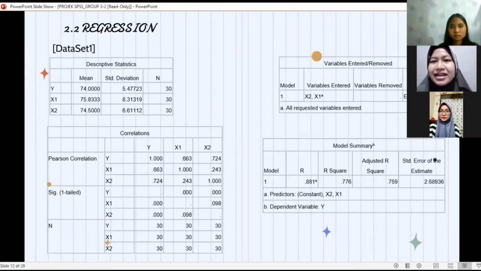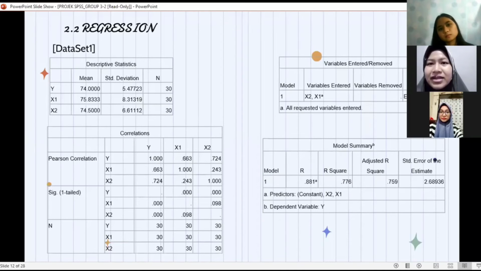With the standard deviation of Y 5.4047, the standard deviation of X1 is 8.31, and the standard deviation of X2 is 6, with the N value is 30 and we got the data set about descriptive statistic, and you can see there are correlations, variable entered or removed, then the model summaries.